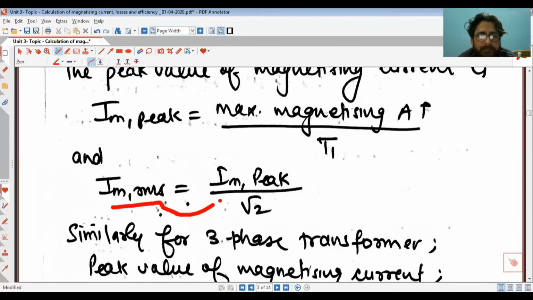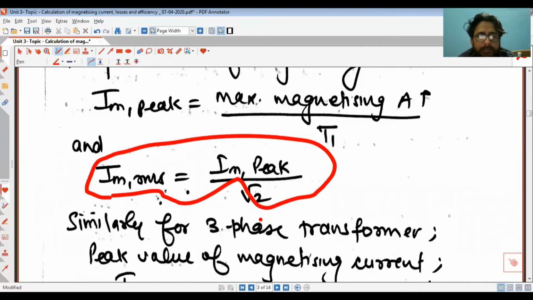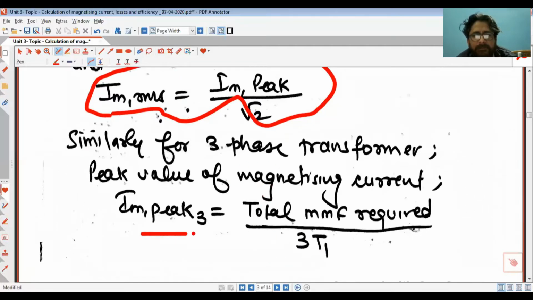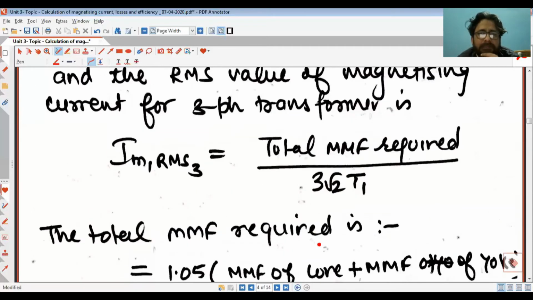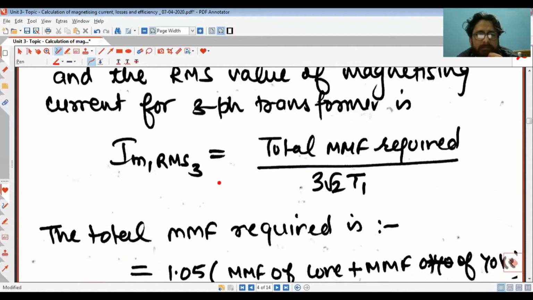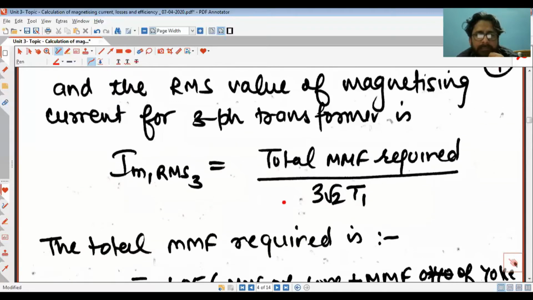IRMS is justified here, right? So for a three phase, the same per phase value of the magnetizing current is when you divide it by 3, right? So that is the per phase value here. And this is the per phase RMS value of the magnetizing current for three phase transformer.